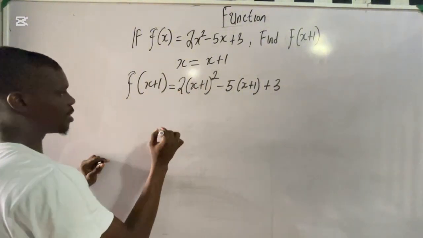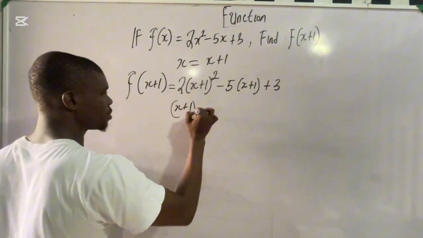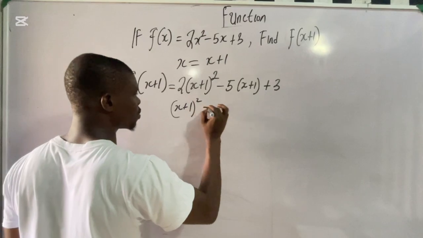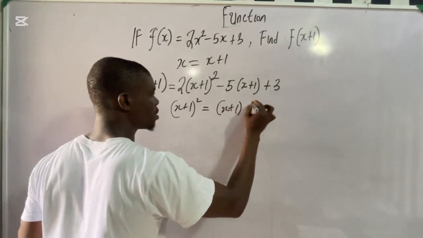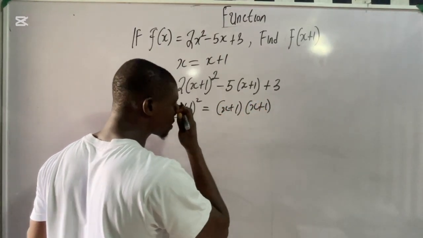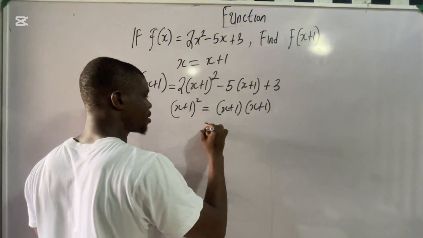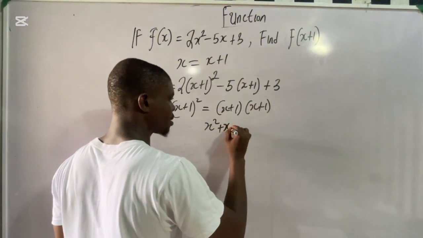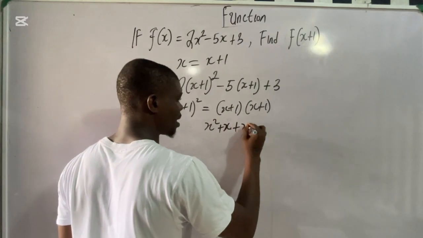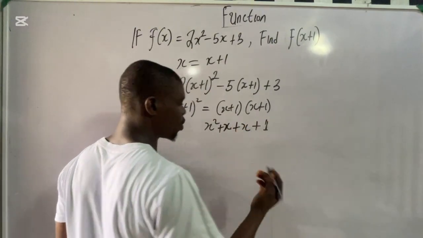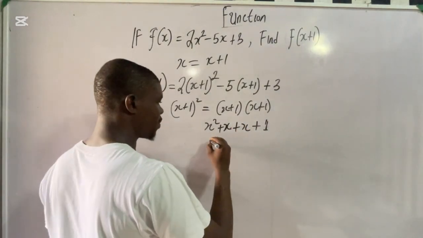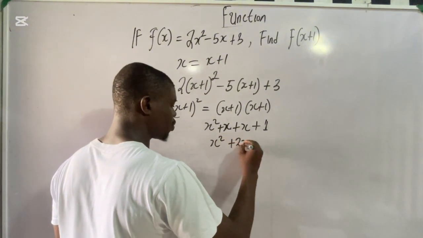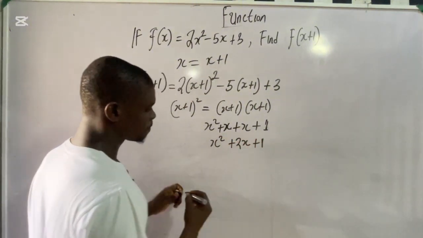Let's expand this guy here. (x + 1) is the same thing as (x + 1)(x + 1). x times x is x². x times 1 is plus x. 1 times x is plus x. Plus 1. If you expand it, we have x² + 2x + 1.